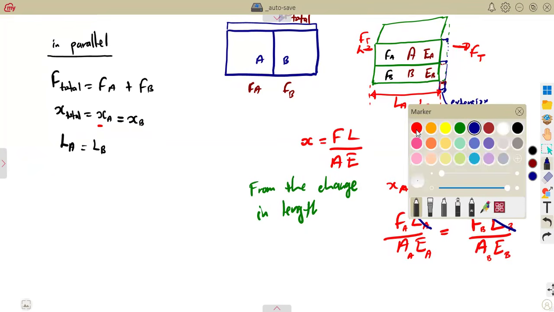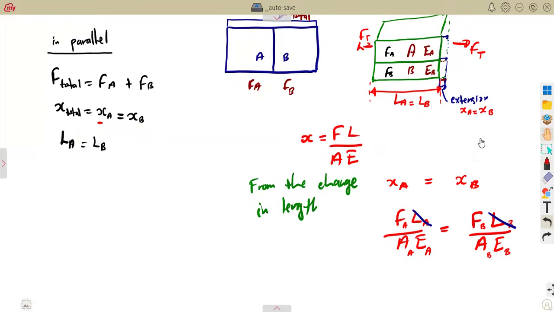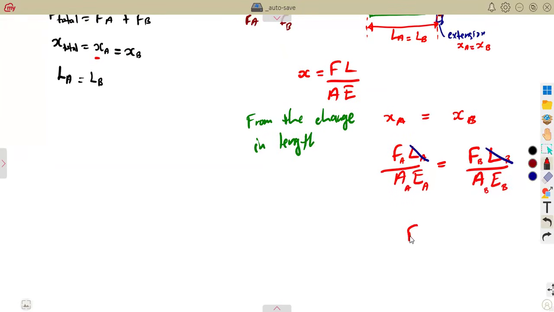And what is it that you're going to remain with? You're going to remain with this formula now: FA over area at A times E at A is going to be equal to FB over area at B times E at B. Nothing is the same there. So because these are mathematical calculations, guys, manipulations should play a role.